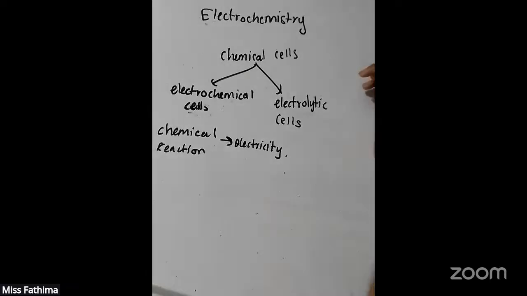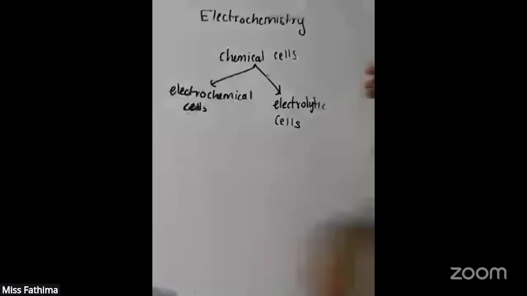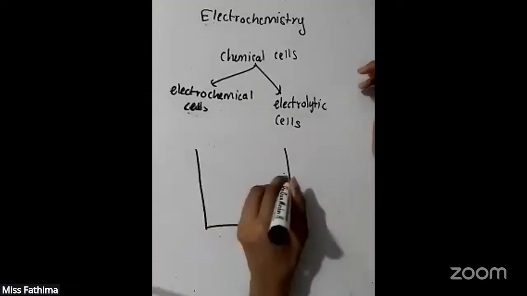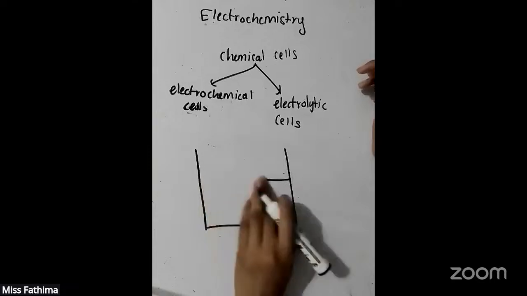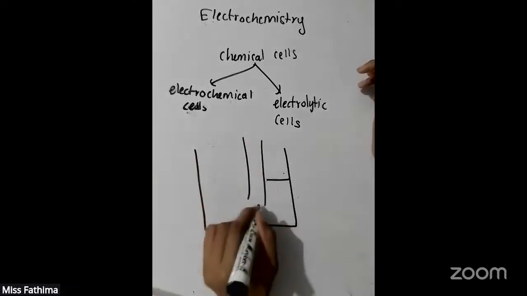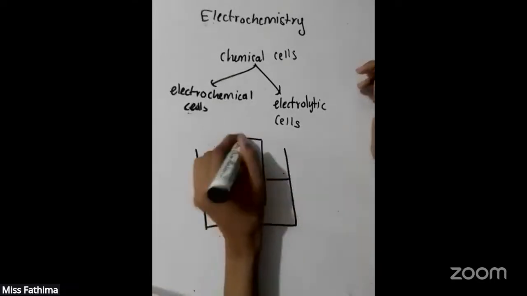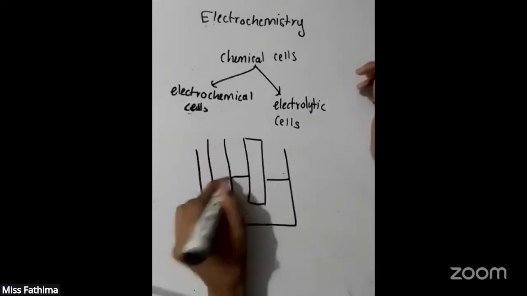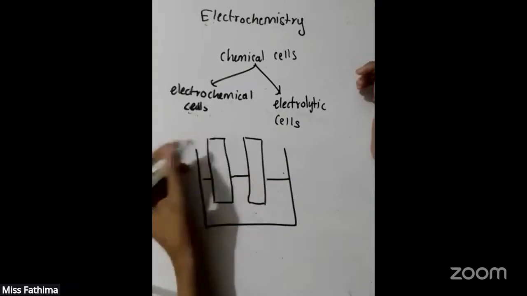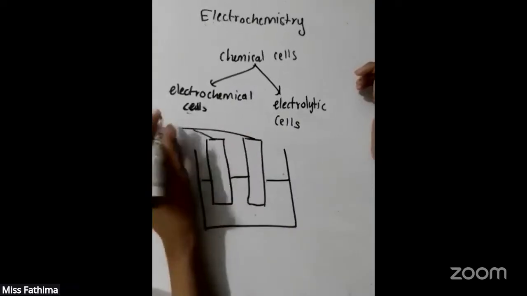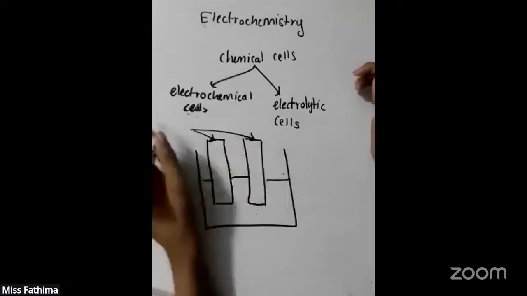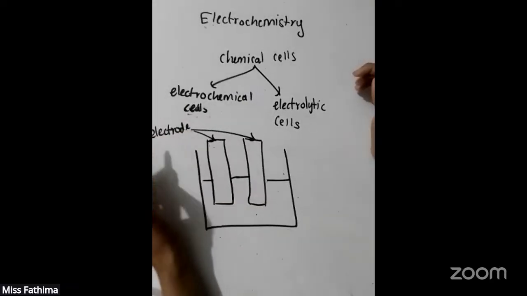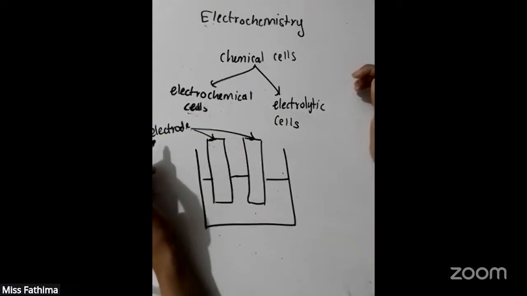Then when you have an electrochemical setup, this is how the setup will look. You will have a beaker. You will have two metal rods. The metal rods, you call it as the electrode.